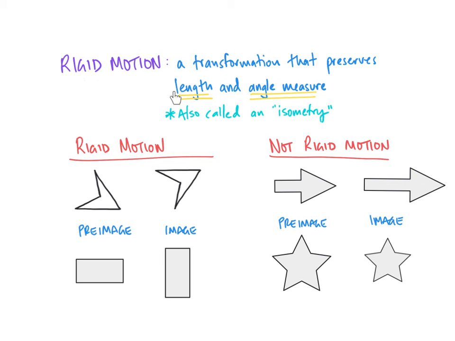That would not be a rigid motion because I didn't preserve length. These parts right here, for instance, got longer over here. So this image is not identical in size and shape to this one. In my example of a star, I took it and I shrunk it. I made it smaller. So again, the side lengths changed. And so it's not a rigid motion because this is not identical in size and shape to this one.